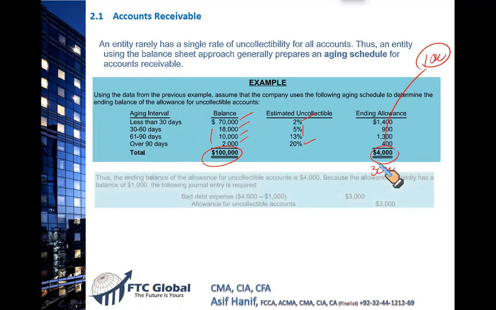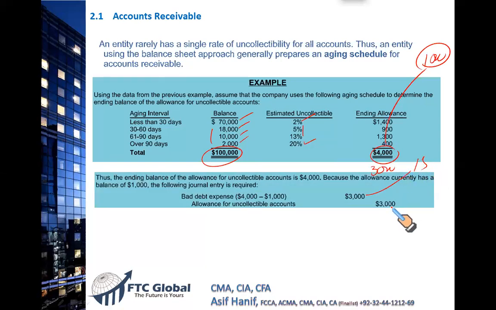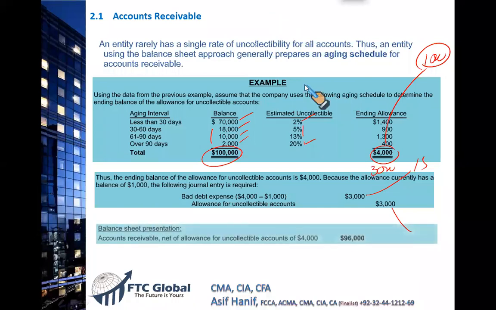We'll debit the bad debt expense, which again goes to the income statement, and credit 3,000 to allowance for uncollectible accounts. Now, this is what you will report as your NRV of receivables, because 100,000 less 3,000 less the previous 1,000, you have 96,000.